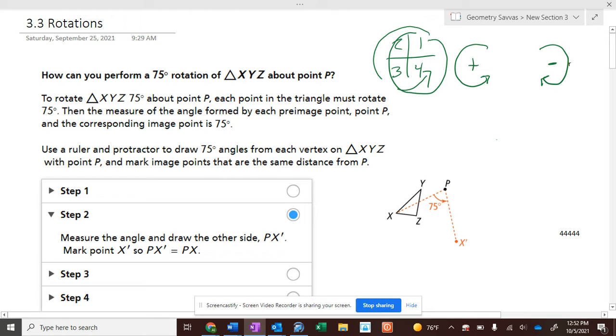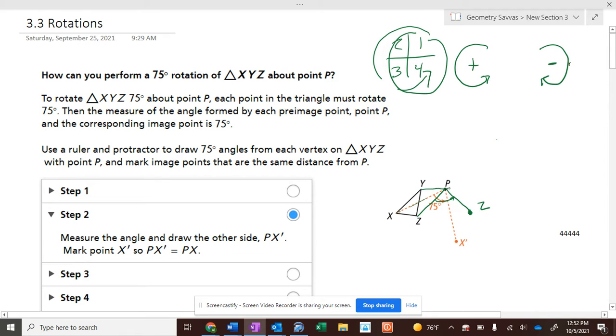Okay? So if we're going to rotate this little triangle here 75 degrees around P, we draw a line to P and rotate 75 degrees. We'd use a protractor for that, but we're not going to use a protractor in here for this. So Z, we draw a line to P, and then rotate 75 degrees.